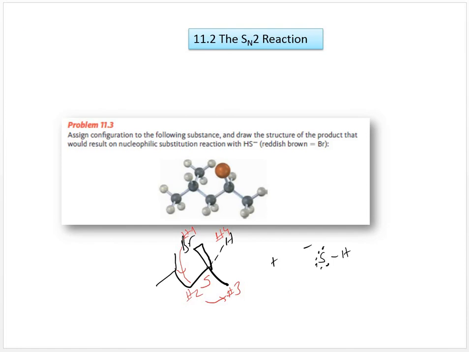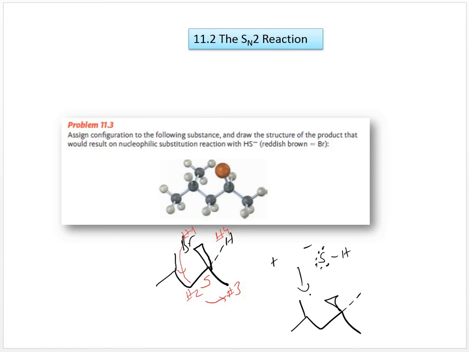So what's going to happen after the reaction? The reaction has to produce the opposite configuration. So I'm going to draw it again. So a methyl. Again, I'm going to use the same drawing style. Let's not write H here because H will not be there anymore. Okay, so what's going to happen?